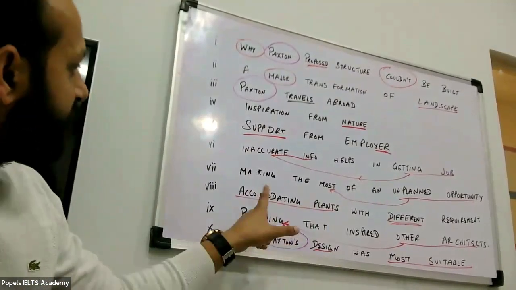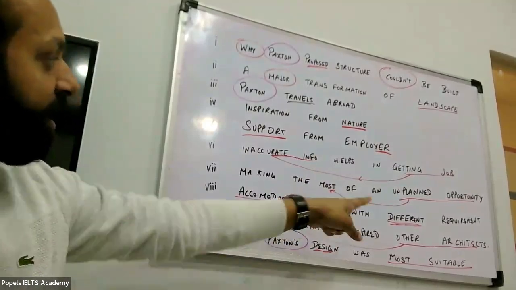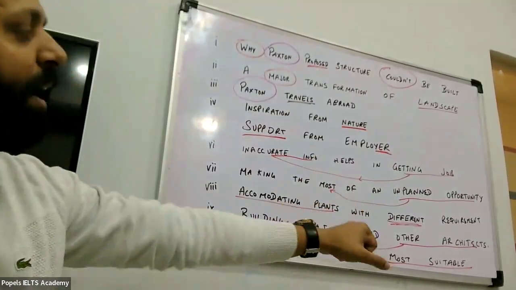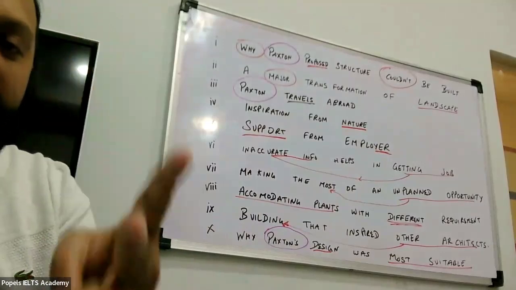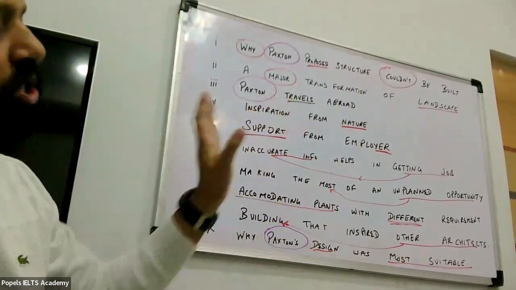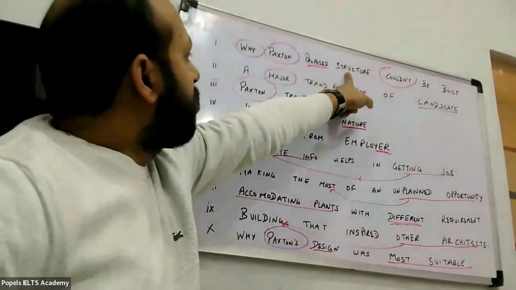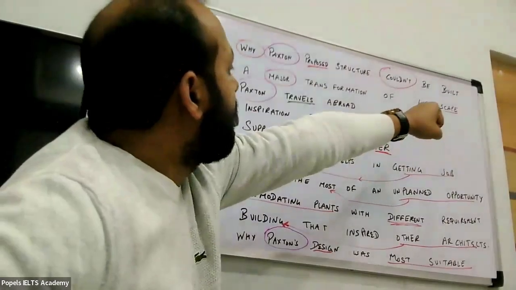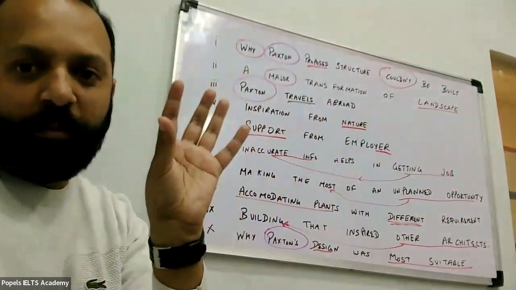Clear? Because it is mentioned plants. And different requirement. Building that inspired other architects. Now, 3 headings are related to structure only: building, design, structure, and one more, that is landscape. Clear, guys, how I'm clubbing the information?